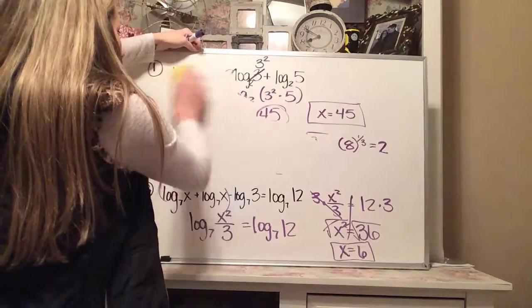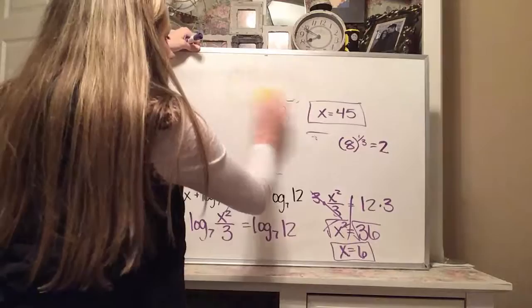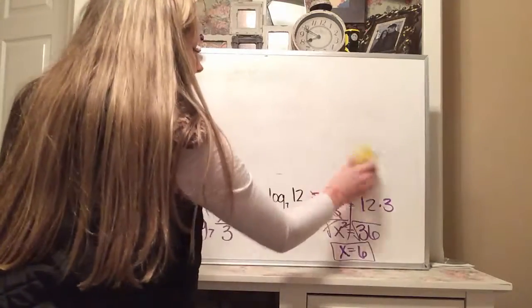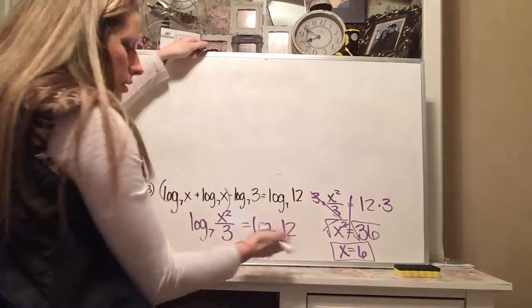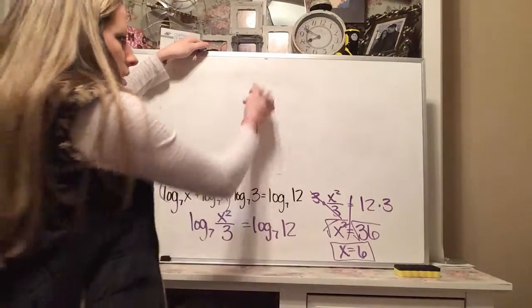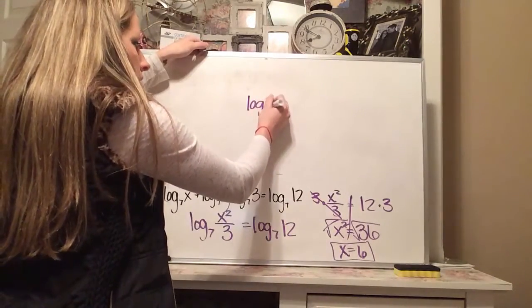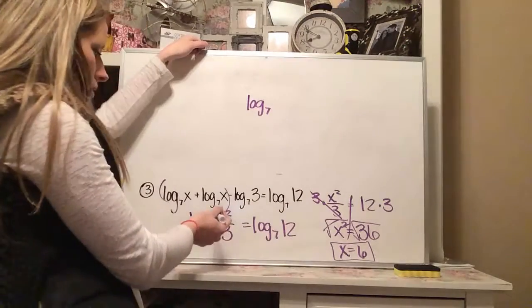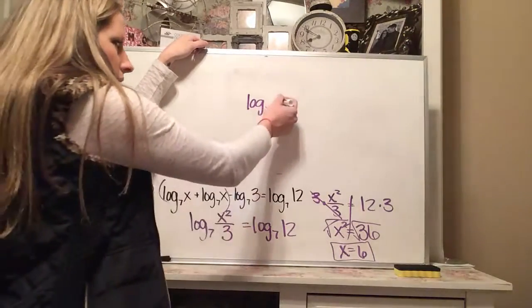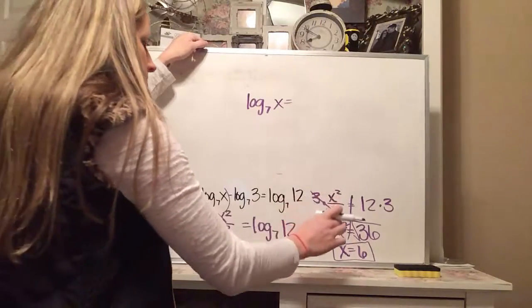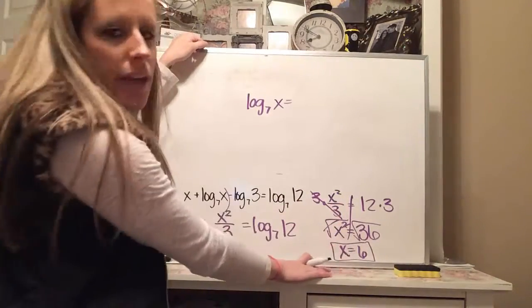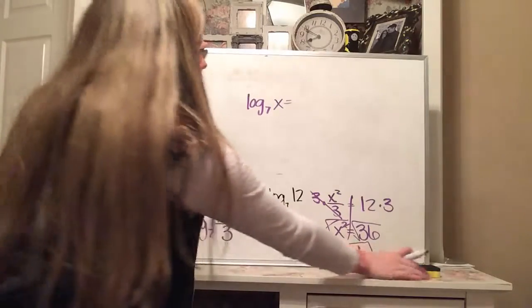Let's think about it this way. Let's say I have log base of 2. Well, heck, let's use this. Log base of 7. You see how we have log base of 7 of x equals something, right? And let's say we got -6 for our x.